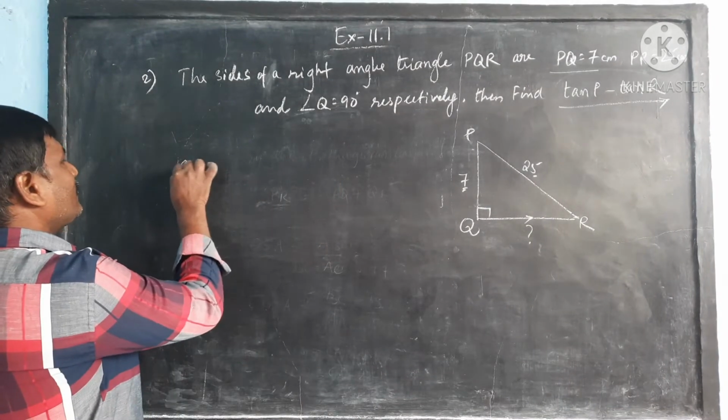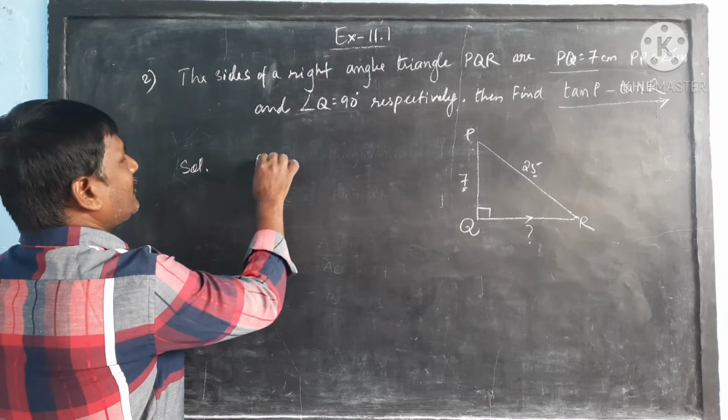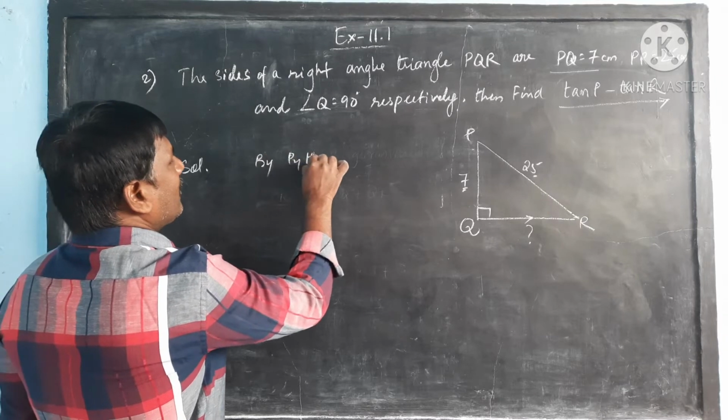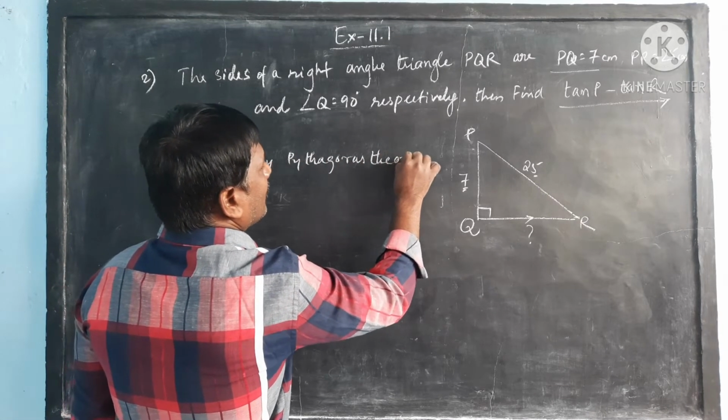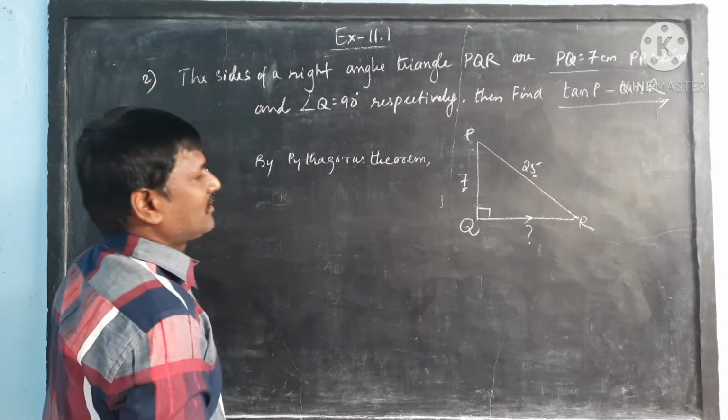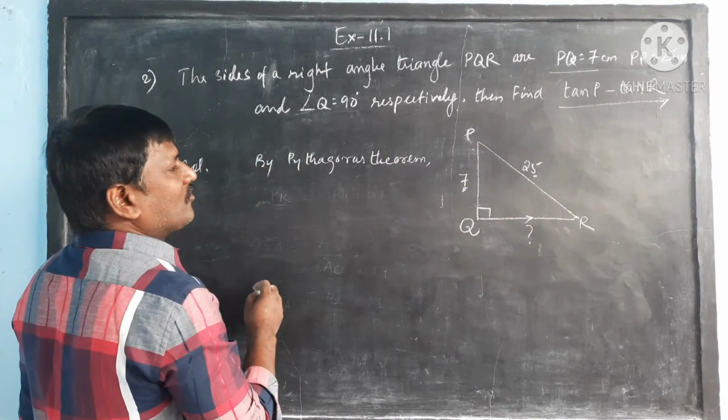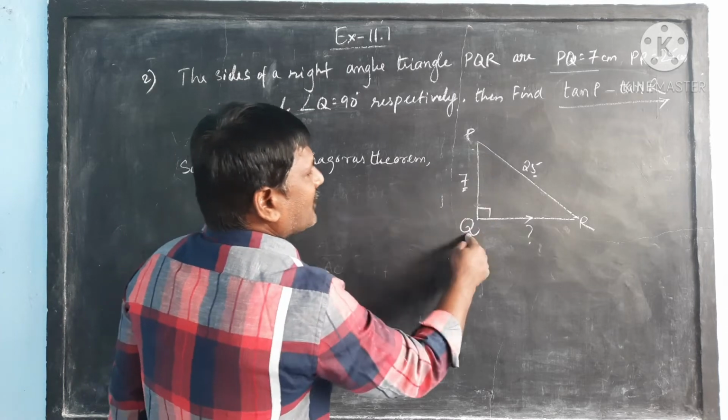Let us start the solution. By Pythagoras theorem, we get PR square is equal to PQ square plus QR square.